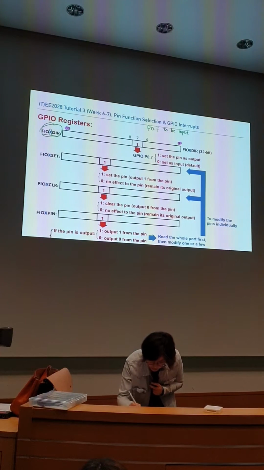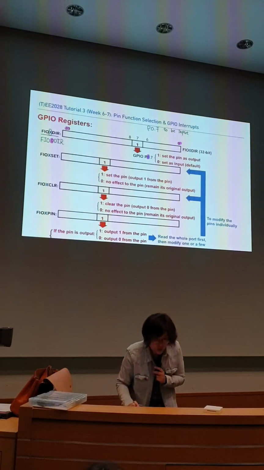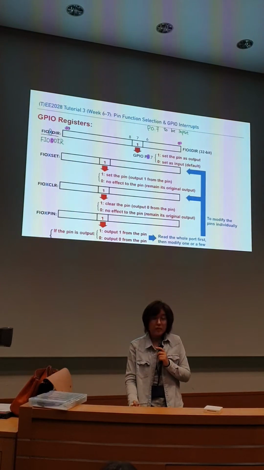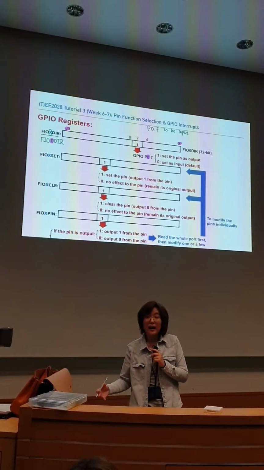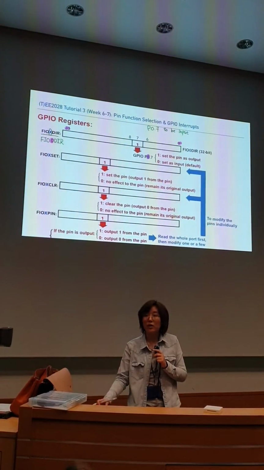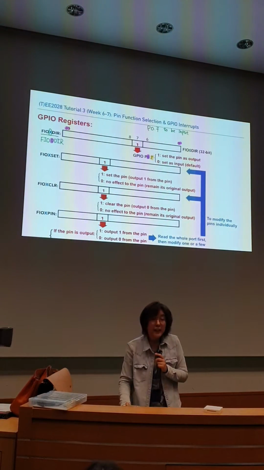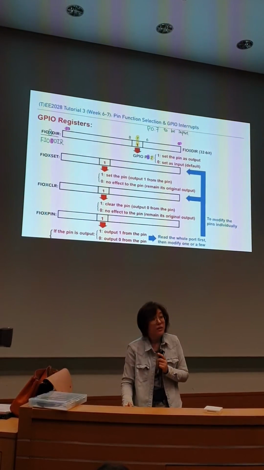You need to go to the register FIO0DIR. So the number here and here should be consistent. FIO0DIR is configuring port 0. FIO1DIR is configuring port 1. And so on. Since you are talking about pin 7, I need to modify bit 7.